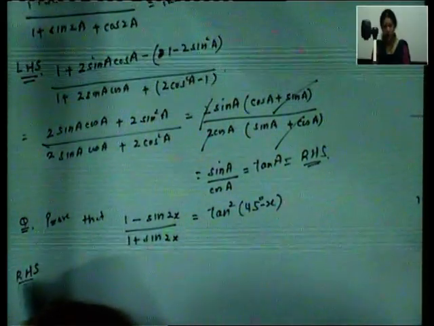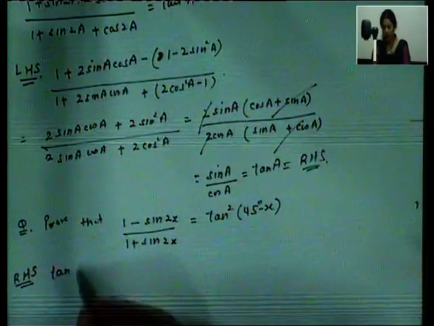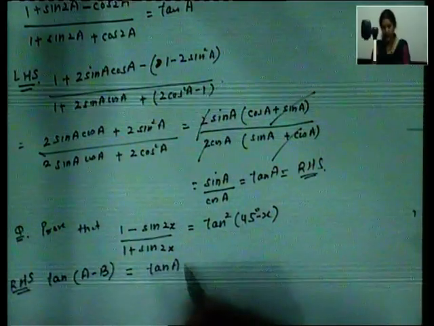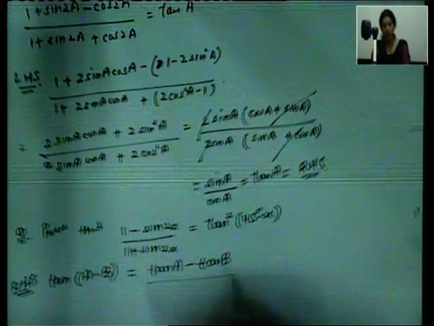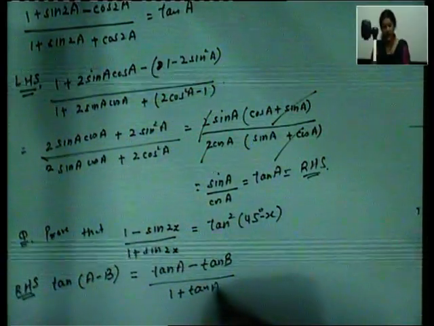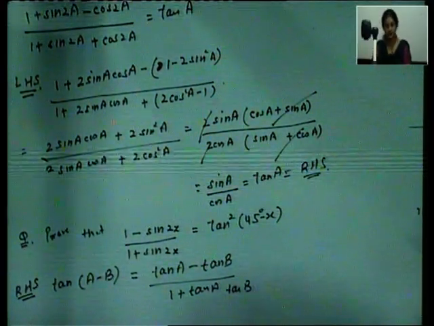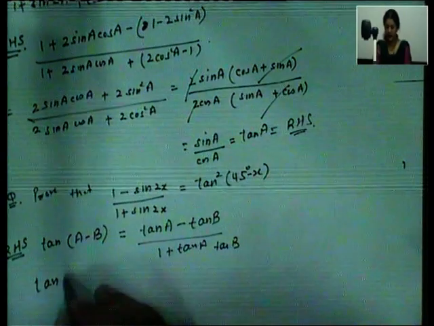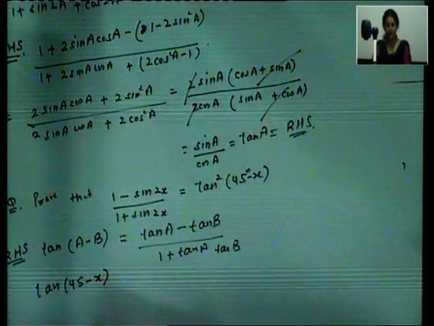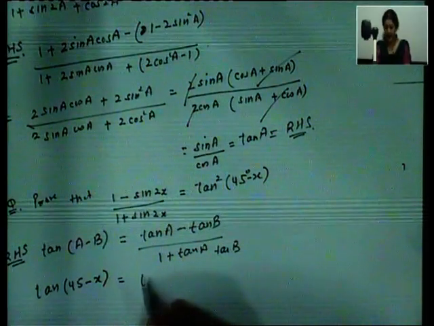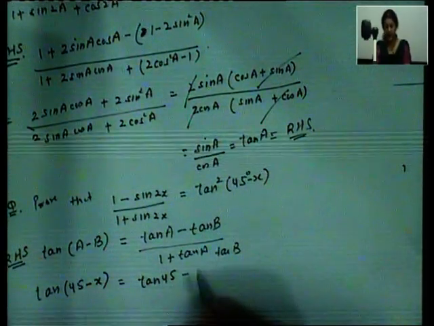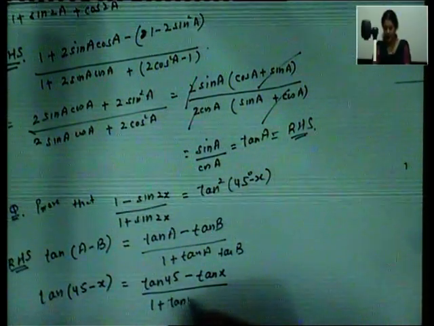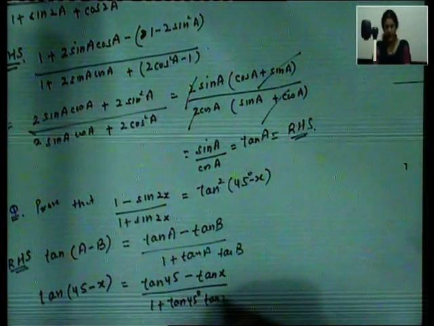Now you know that tan of (A minus B) is equal to (tan A minus tan B) upon (1 plus tan A tan B). So what will be tan (45 minus x)? It will be (tan 45 minus tan x) upon (1 plus tan 45 degree into tan x).